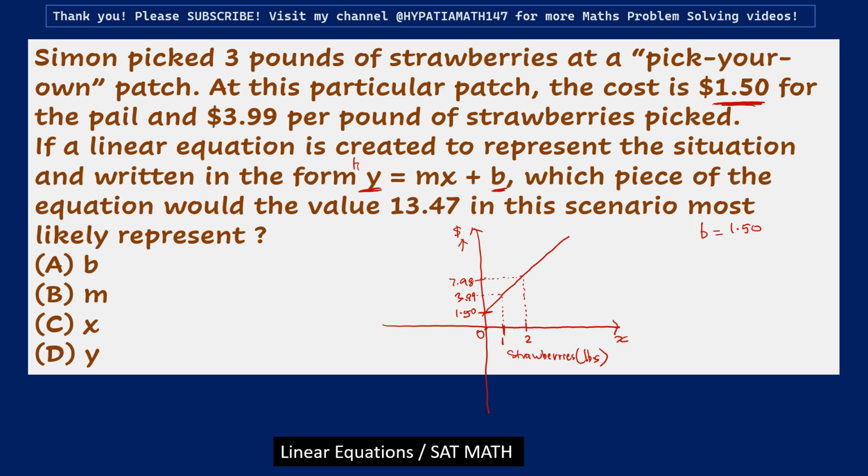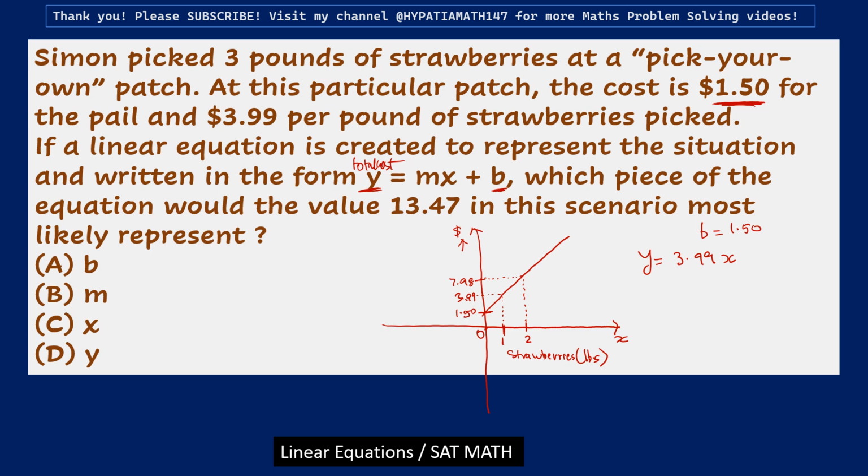So y is the total cost. y is equal to mx, where m is the cost per pound, 3.99, times x. x is how much you're buying.